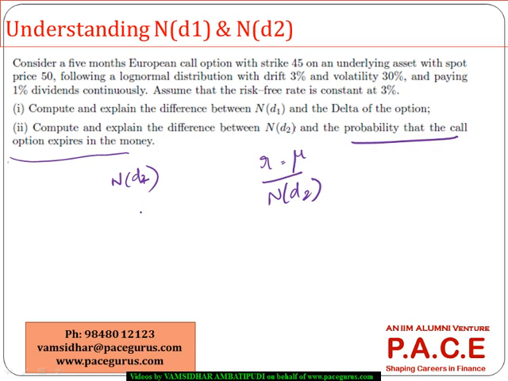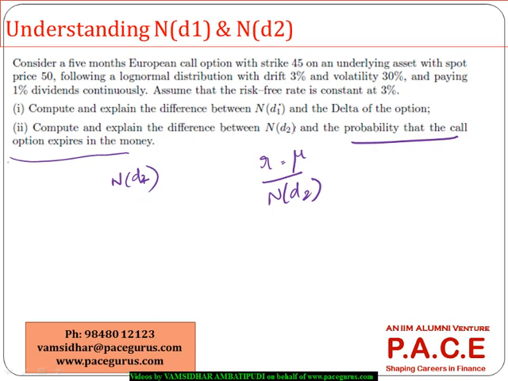Whereas when I'm looking at any other difference between mu and R, mu equal to R is where I'm going with a risk-neutral valuation itself. Whenever mu is equal to R, the probability that the call option expires in the money is the same as N(d2).